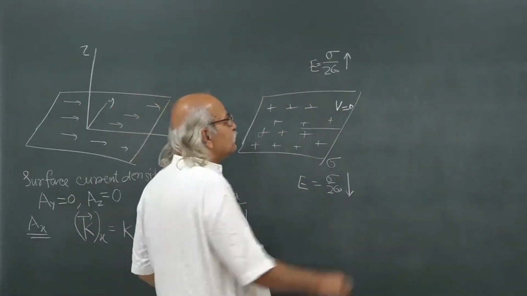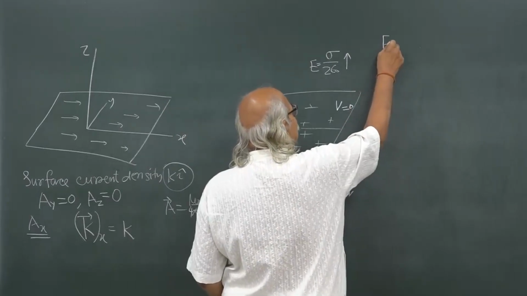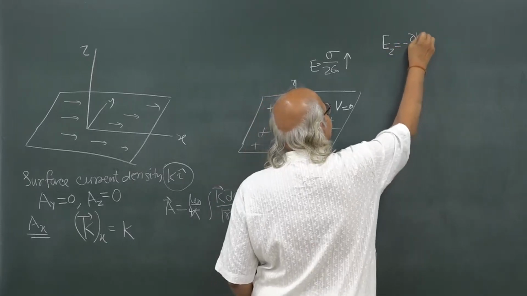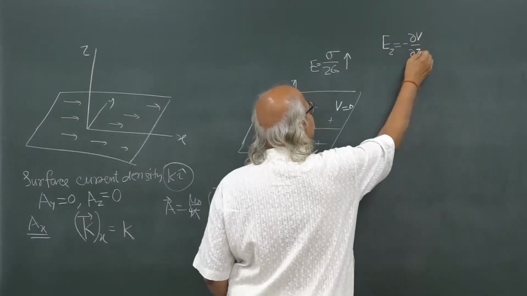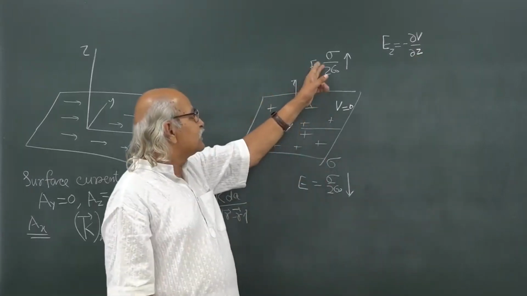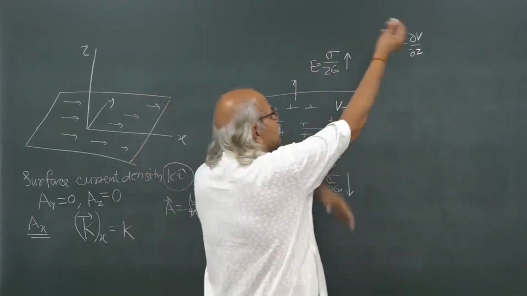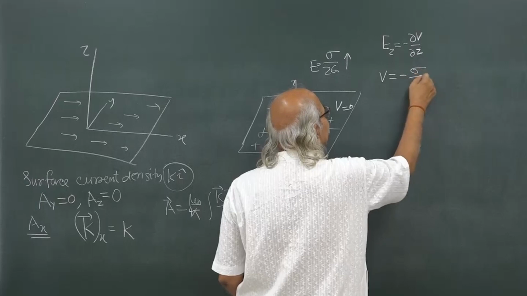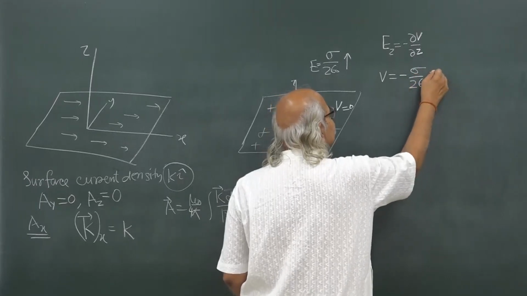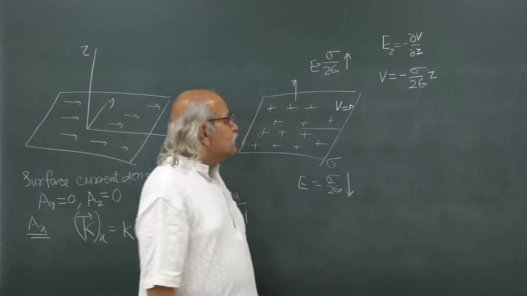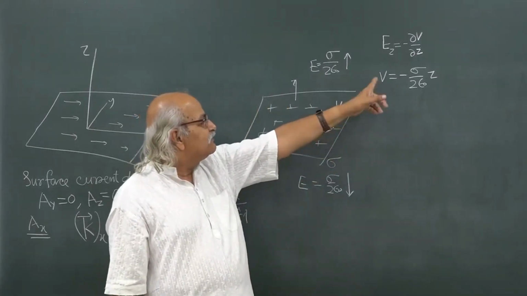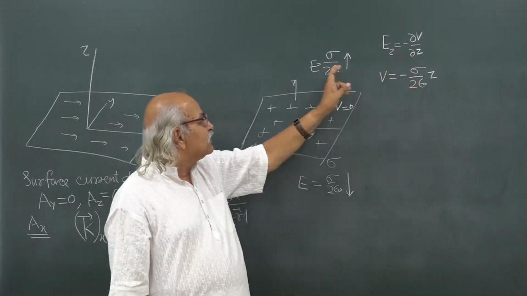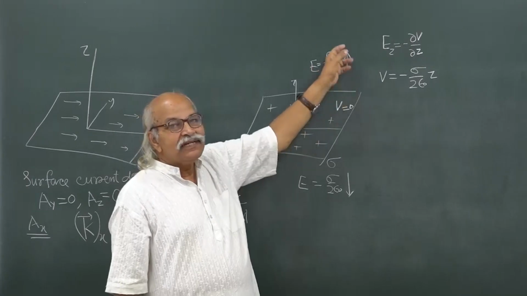And how will it go? Our expression should be, if this is the z direction, then Ez should be minus del V by del z. And since this Ez is constant, it is sigma by 2 epsilon naught. So, you can immediately do this algebra and write V as minus sigma by 2 epsilon naught times z, so that when you do minus dV by dz, you will get sigma by 2 epsilon naught, which is the z component of the electric field.